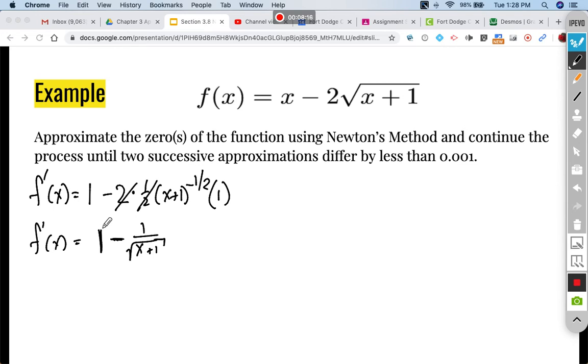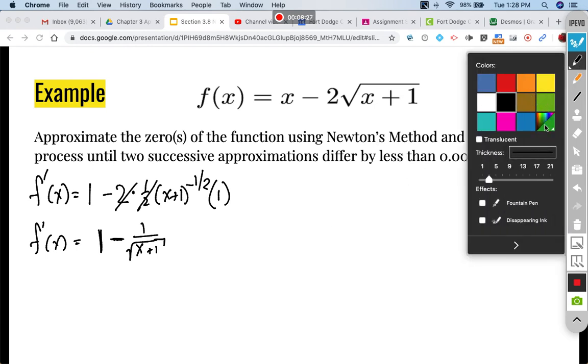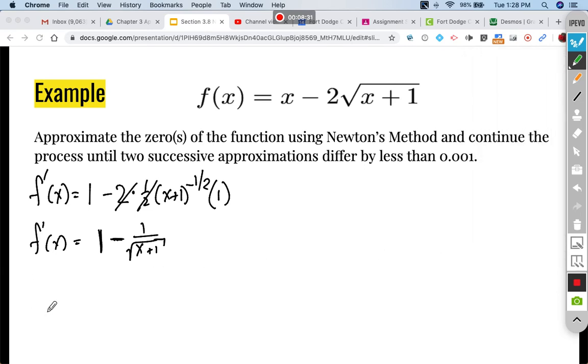I could make that a common denominator and mess with it, but why bother? That's good enough. Okay, so I'm going to write down my formula again.